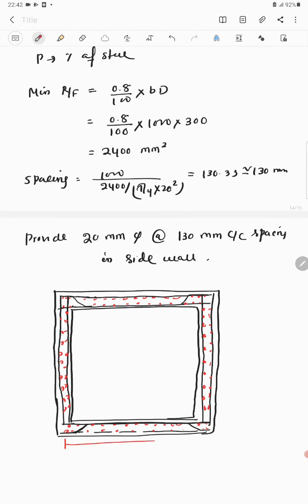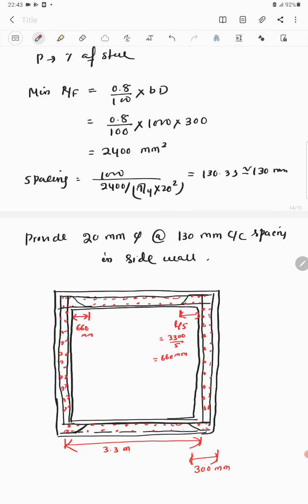Okay, so this length, this is 3.3 meter, width of the support, this is 300 mm, width of the bottom slab and top slab, and also this sidewall. And you have to bend half of the bars, and this distance from here, this is L by 5, which is equal to 3300 by 5, 660 mm. So this is also 660 mm.